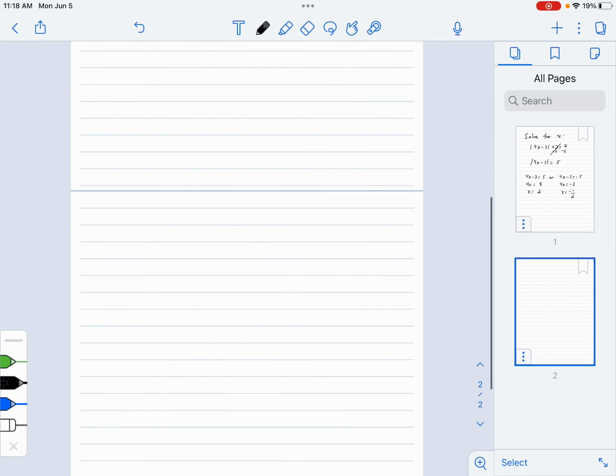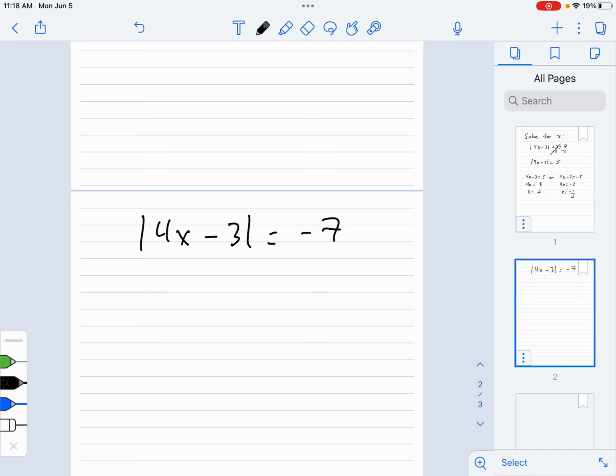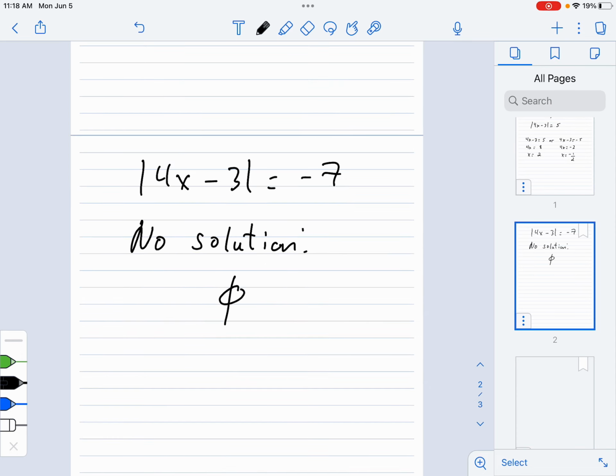Now let me go back to the case real quick. If I had an absolute value equation with a negative here, this right here would be no solution. And sometimes we write that with this little circle or 0 with a line through it as the solution, or sometimes we write these two squiggly lines with nothing on the inside.